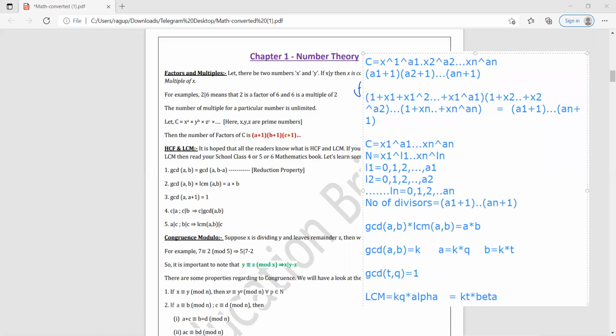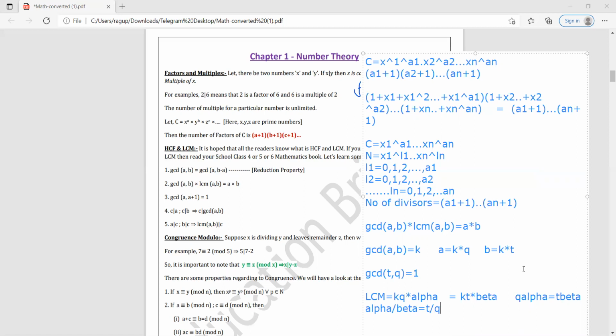Now these both are equal, so Q alpha is equal to T beta. We know that Q and T are coprime, so alpha upon beta is equal to T upon Q. GCD of T and Q is equal to 1, so this basically means that T and Q are in lowest form.